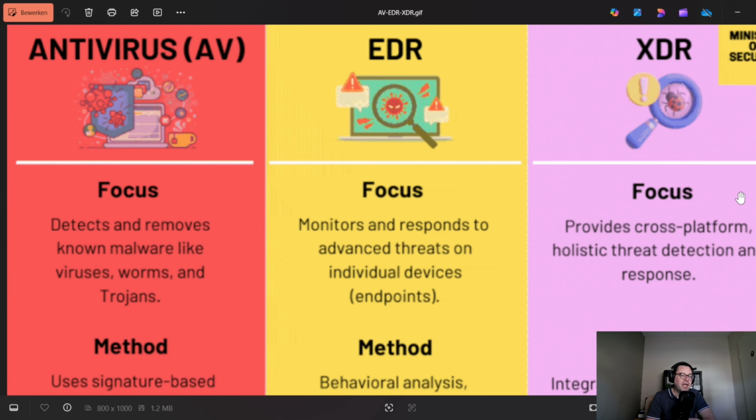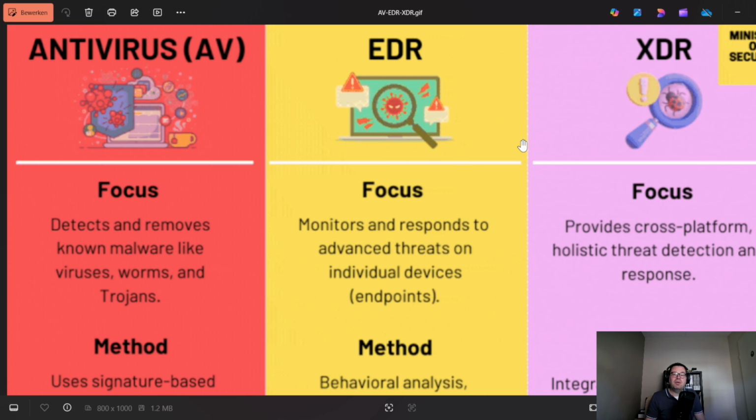Since we are more connected to the internet than ever, we also have EDR, which stands for Endpoint Detection and Response. It monitors threats on individual devices. It's basically like Defender to a certain degree. You can put it all within your tenant of endpoints, and it can scan your device.